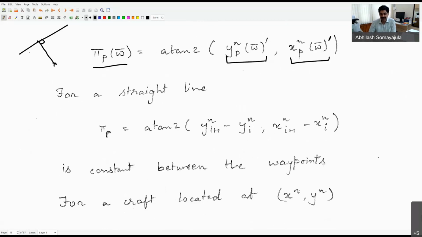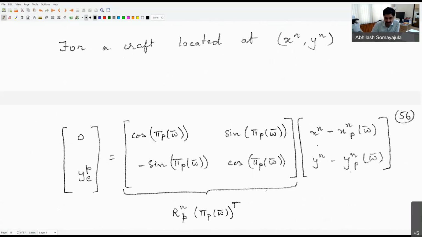Okay, for a straight line case, as I said, we exactly knew this value, because that was a constant. But now, when we have a graph which is located at a distance x and y in coordinates, I can write down the same equations, but the only difference is now this pi p is unknown to me ahead of time. In the previous case, I exactly knew that pi p because the two waypoints were precisely known.